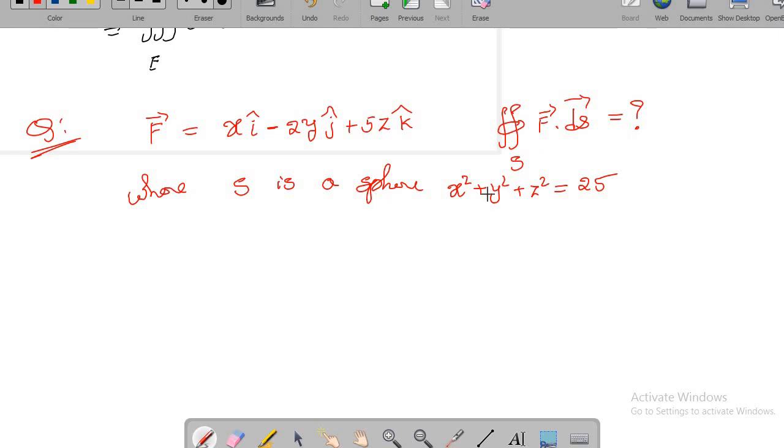Given it is a sphere, it means it is a closed surface. When it is a closed surface, I can apply the divergence theorem to find flux.